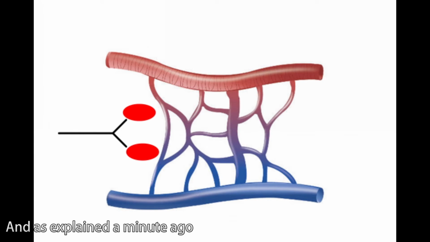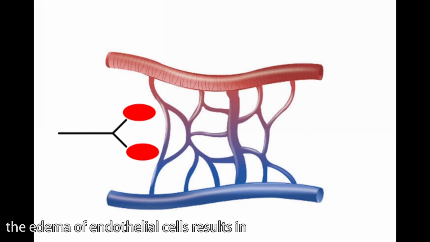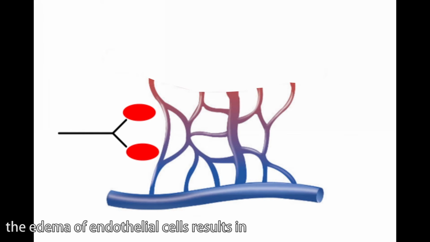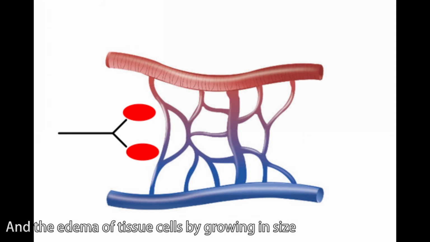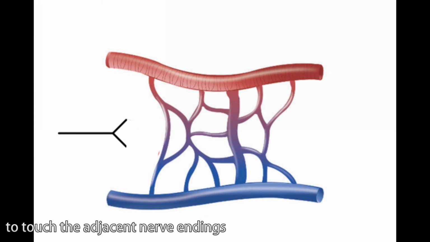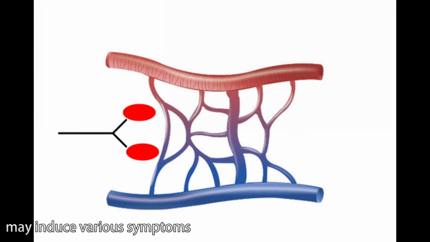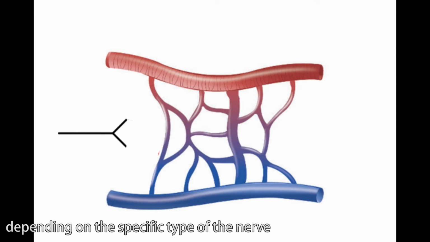And as explained a minute ago, the edema of endothelial cells results in microcirculation disturbance. And the edema of tissue cells, by growing in size to touch the adjacent nerve endings, may induce various symptoms, depending on the specific type of the nerve.